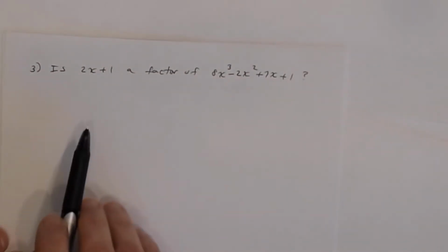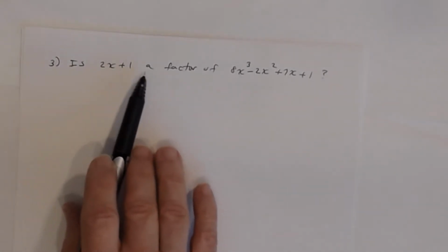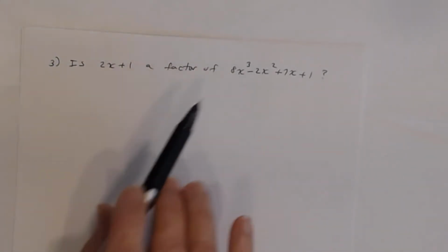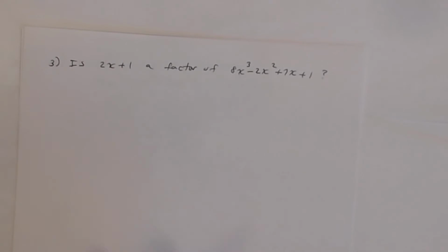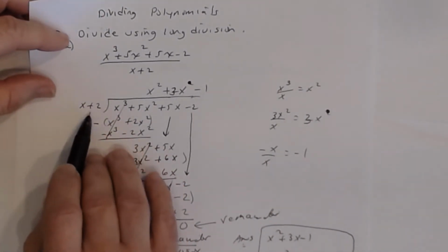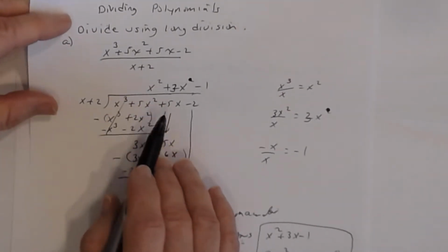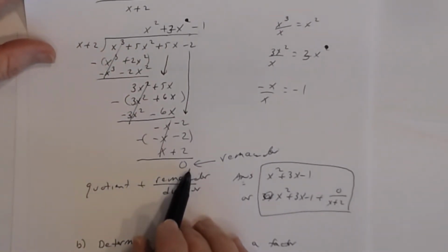Number 3. Okay, so let's look at number 3. There are going to be problems where they're going to ask something like this: is 2x plus 1 a factor of this? Remember we talked about the fact that the divisor is a factor of the dividend if you get a remainder of 0, right?